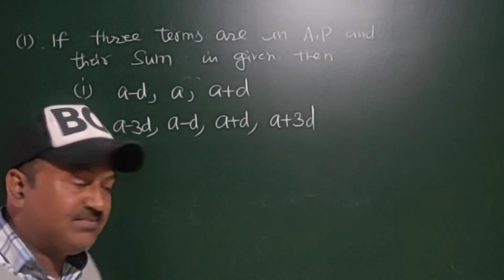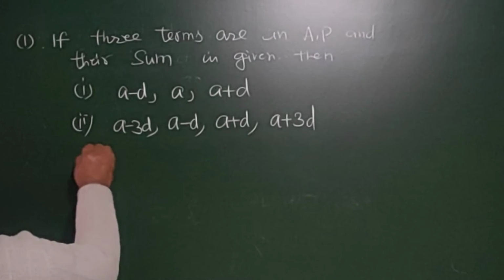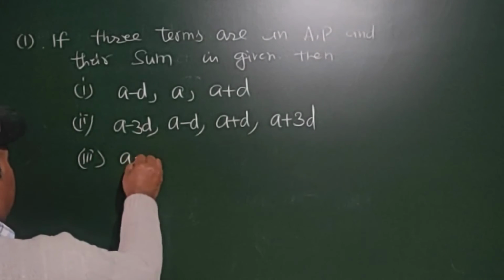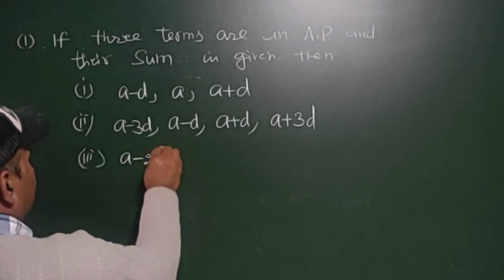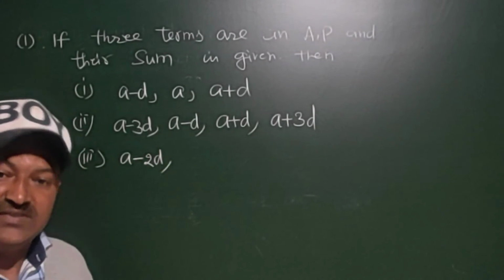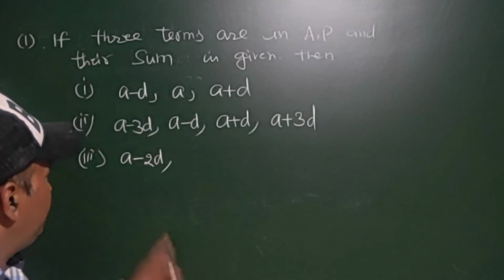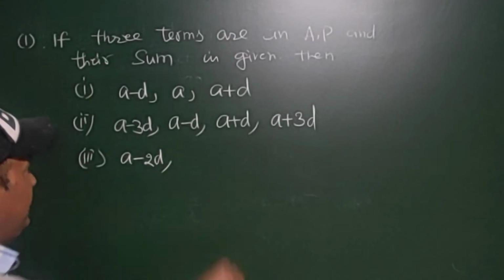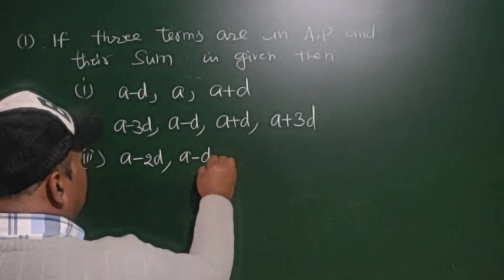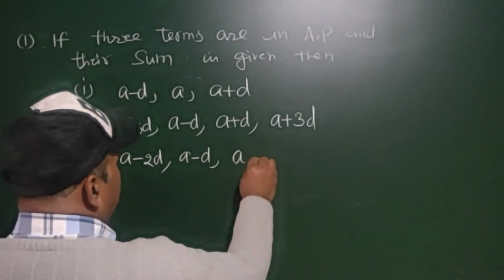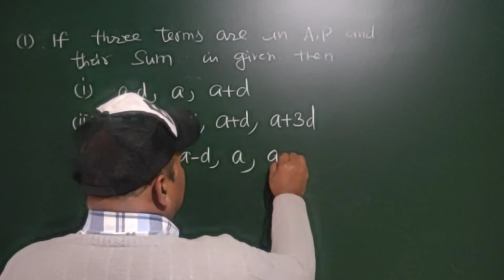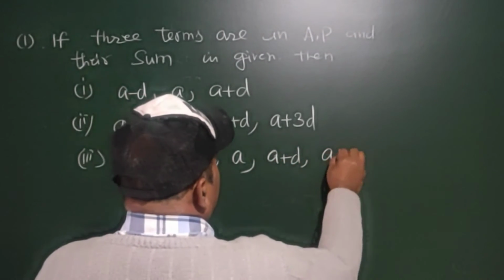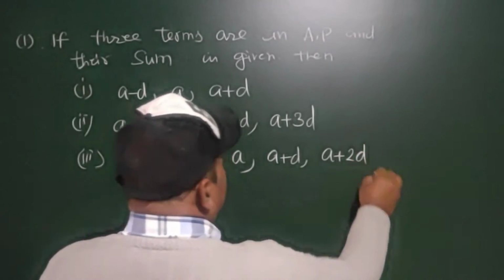And if five terms are in AP and whose sum is given to you, then take them as A minus 2D, adding D, we get A minus D, again adding D, we get A, and A plus D, and A plus 2D.